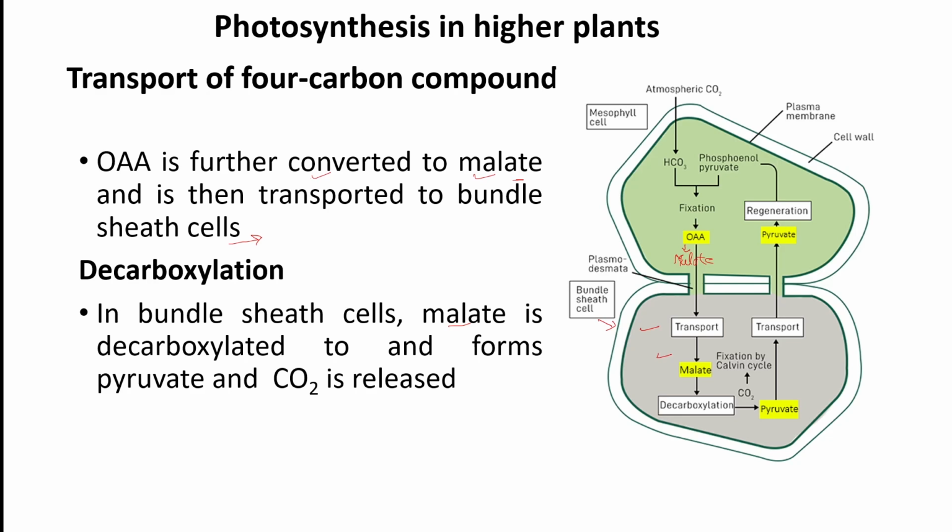This decarboxylation of malate results in the formation of a 3-carbon compound, pyruvate, and carbon dioxide is released in the process. Here you can see in this diagram, malate is decarboxylated and a 3-carbon compound, pyruvic acid, or pyruvate, is produced.